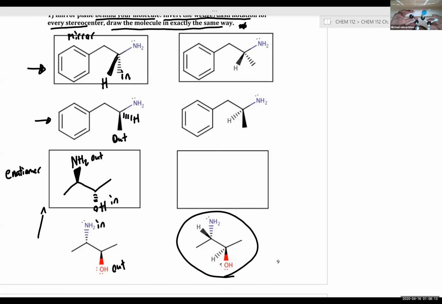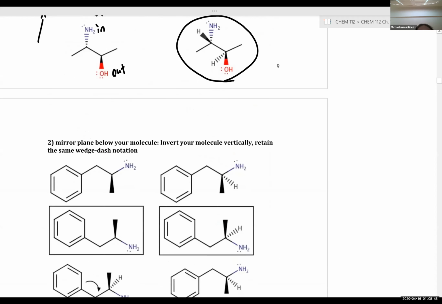In our enantiomer, is our amine pointing out of the page or into the page? Out, exactly right. So we draw the following. Exactly right. Perfect. Wonderful.